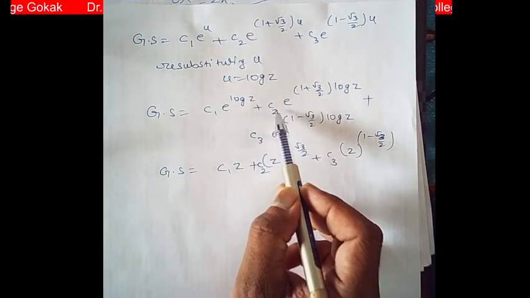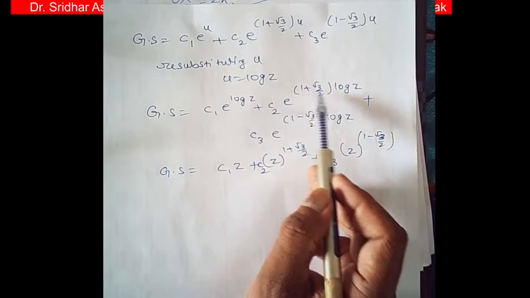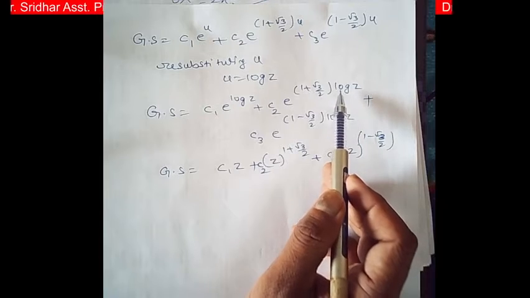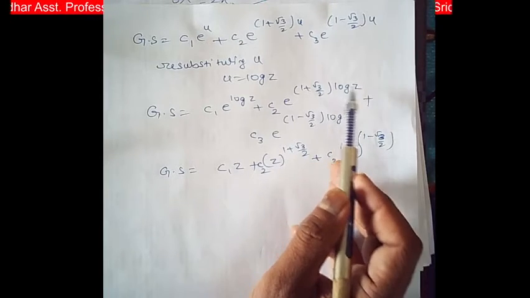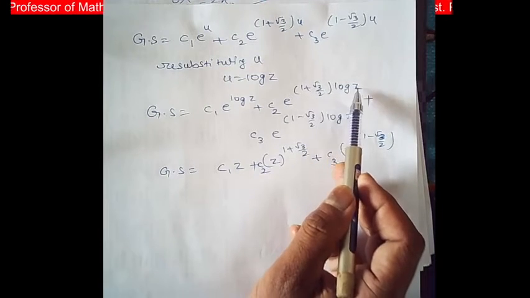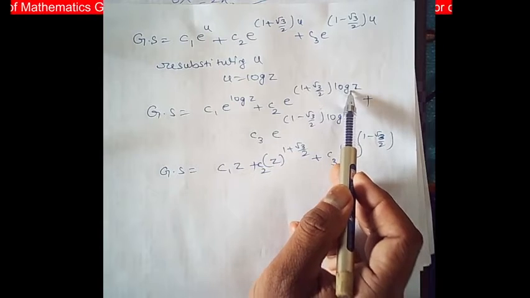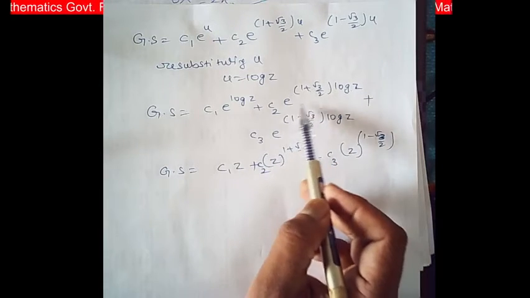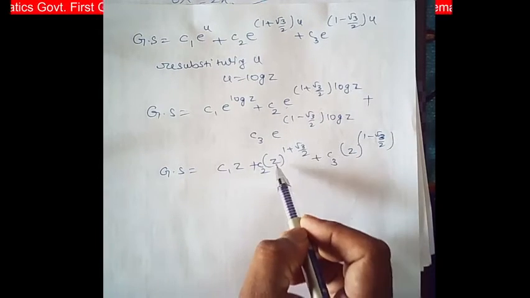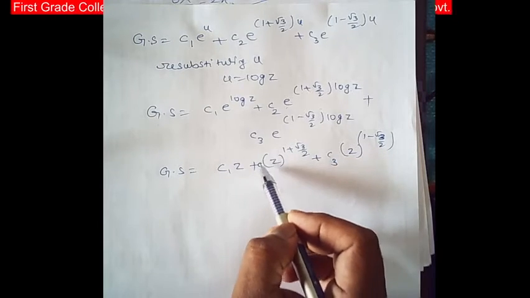And similarly here plus c2, this is of the form m log n. That means this can be written as log n raised to m, so that is log z raised to 1 plus root 3 by 2. So here log z to the base e, this e and log get cancelled, and it gives z to the power 1 plus root 3 by 2 into c2.